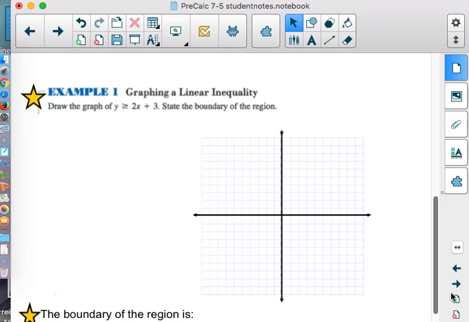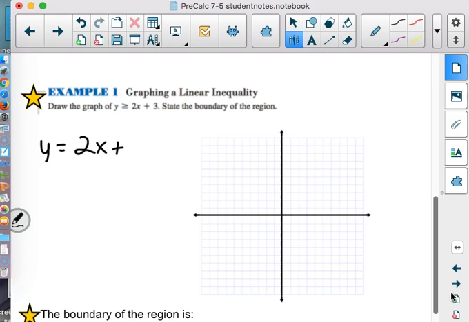All right, draw the graph of y is greater than or equal to 2x plus 3 and state the boundary of the region. So I start by pretending it says equals. Then I need the boundary line. So we'll pretend.